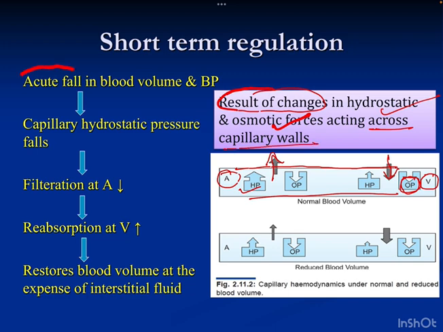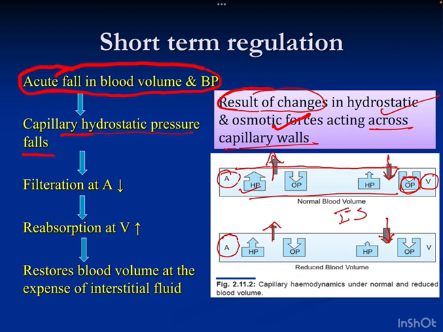Whenever there is an acute fall in blood volume and blood pressure, the capillary hydrostatic pressure falls on the arterial side, so there is less filtration, while at the venule side there is more oncotic pressure or colloid osmotic pressure, which favors the reabsorption of fluid from the interstitial space.